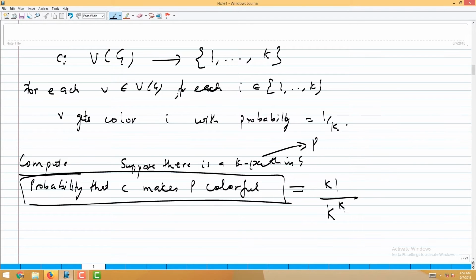So as we just saw, the number of ways in which we can make this path colorful is k factorial ways, depending on in which order I color the vertices of this path. And the total number of colorings that we can give to the vertices of this path are k^k colorings. Every vertex of this path can get colors from 1 to k. There are k such vertices, so k^k, right?